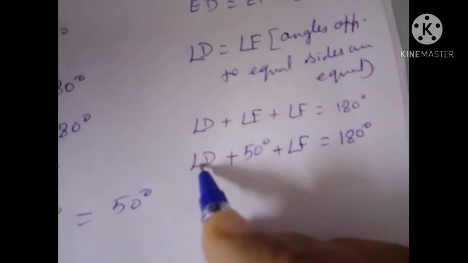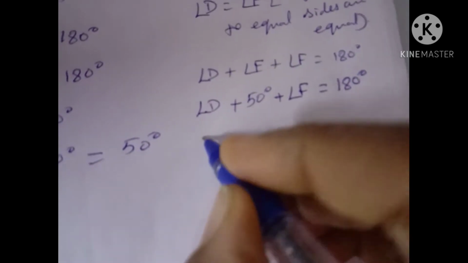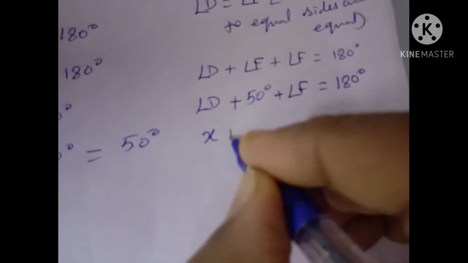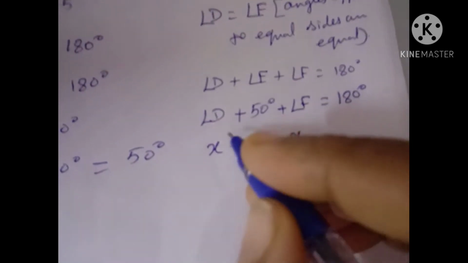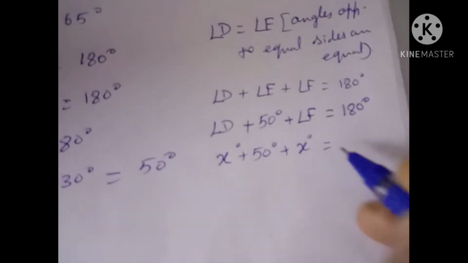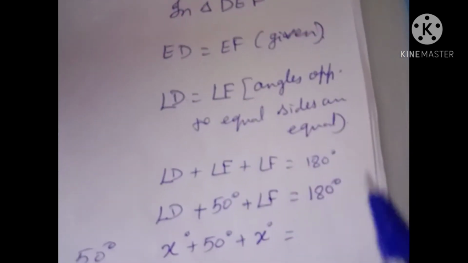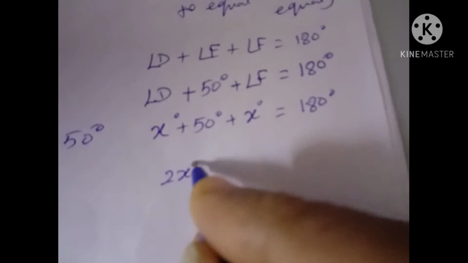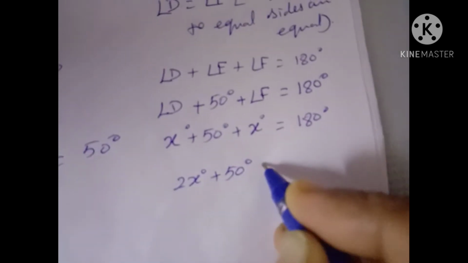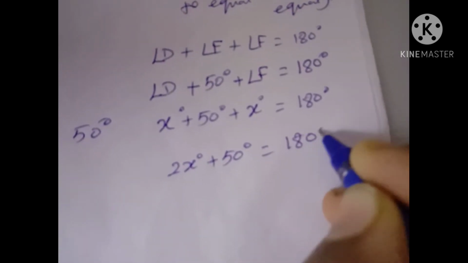So if you take angle D as x, then angle F is also x, because both angle D and angle F are equal. Therefore, 2x plus 50 is equal to 180 degrees.